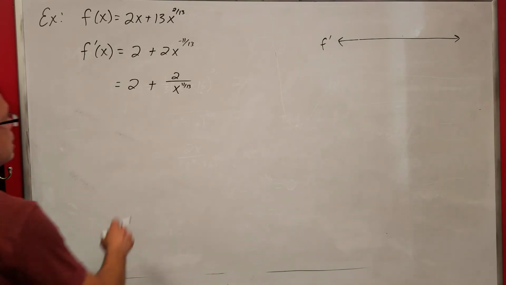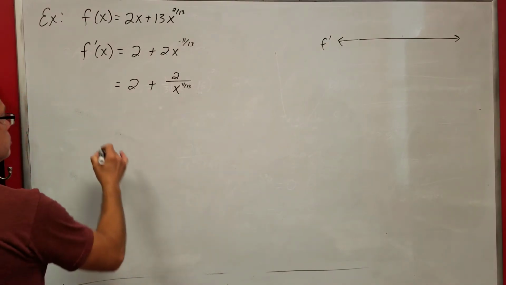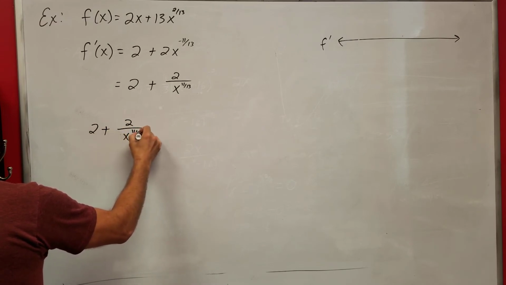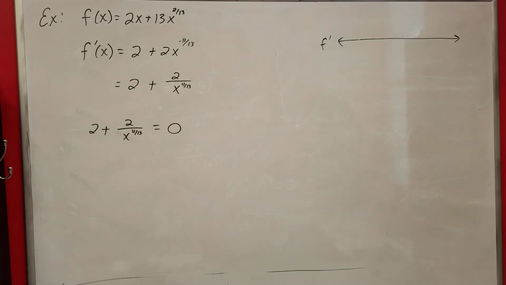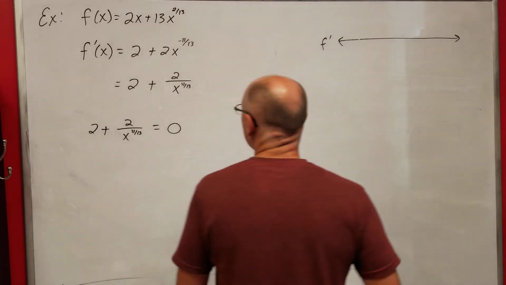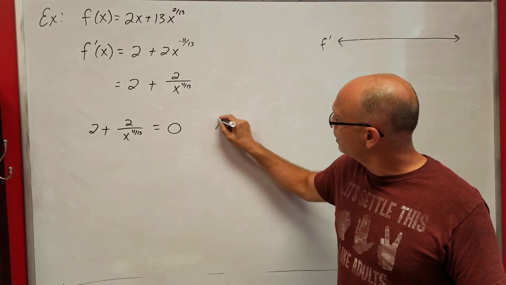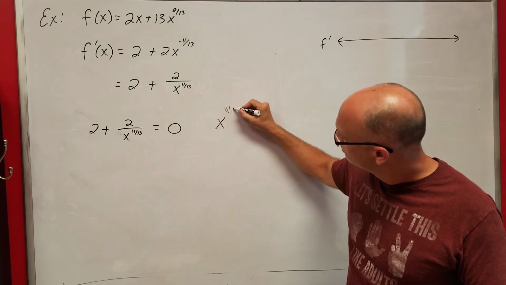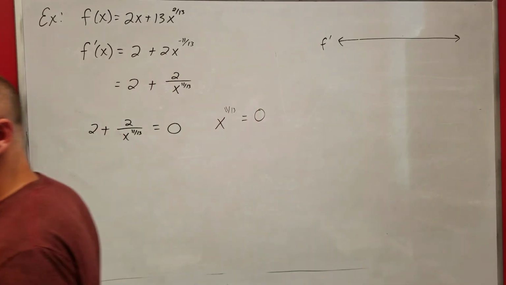All right, so let's take this derivative, find out where it's equal to 0. So 2 plus 2 over x to the 11 over 13, find out where that's equal to 0. And we'll find out where it's undefined as well. Where is this derivative function going to be undefined? Whenever my denominator, x to the 11 over 13, is equal to 0.